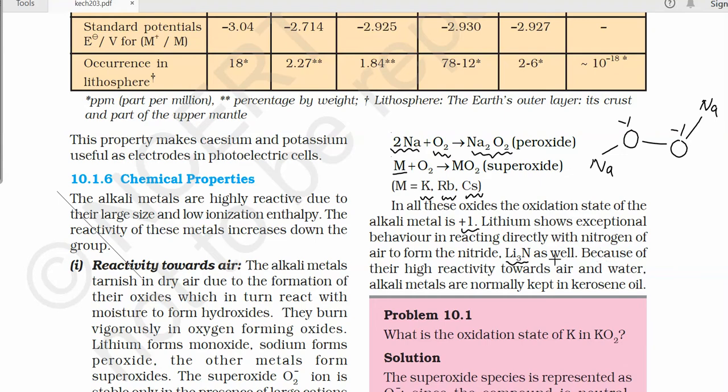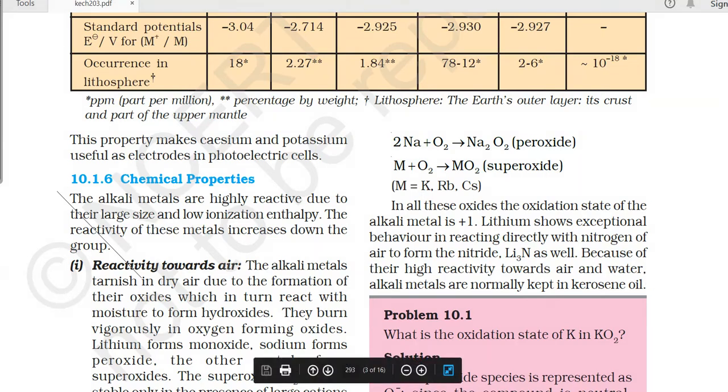Also, because of their high reactivity towards air and water, alkali metals are normally kept in kerosene oil, because the reaction is very vigorous and can be controlled only when they are stored in kerosene oil.